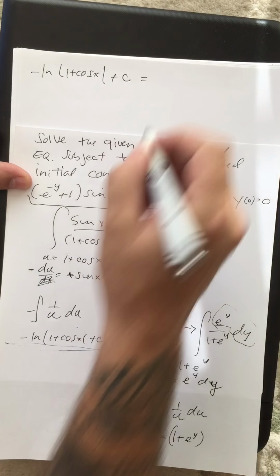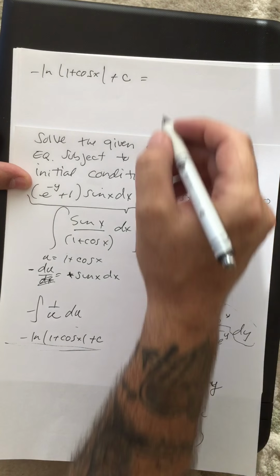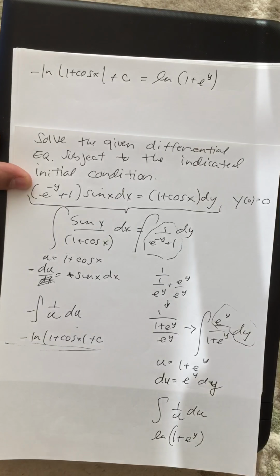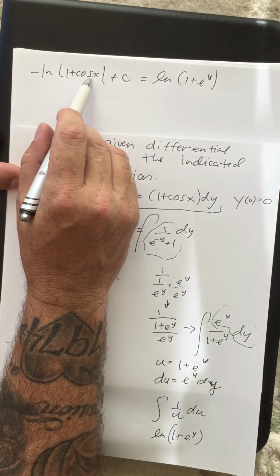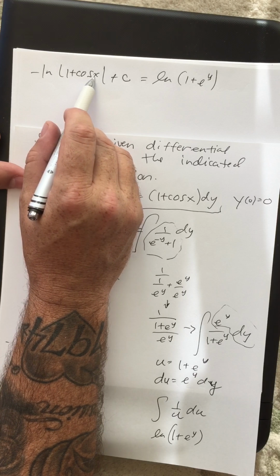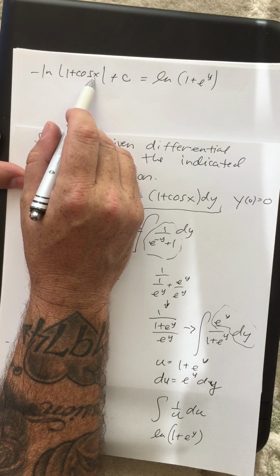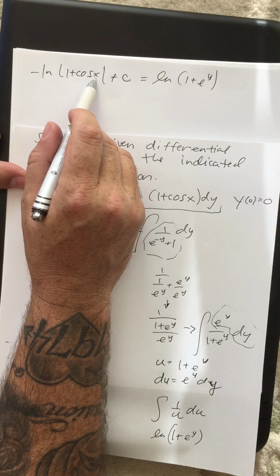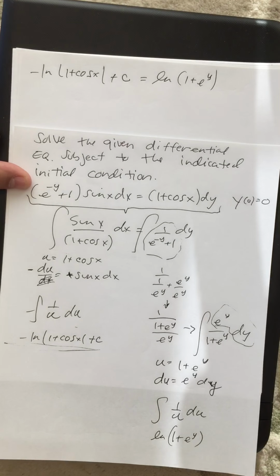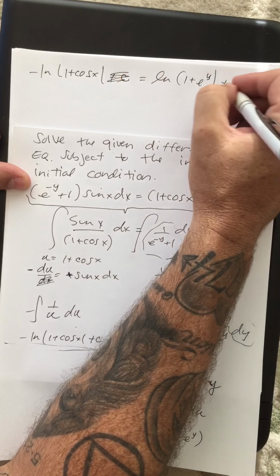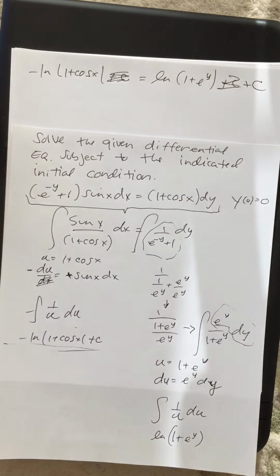On the other side, it equals log of 1 plus e to the y. Just to note, there's a restriction on x. X can't be a value which makes cosine x equal to negative 1, which I think is pi, plus c. Now we could just add these c's together on one side and call it c.